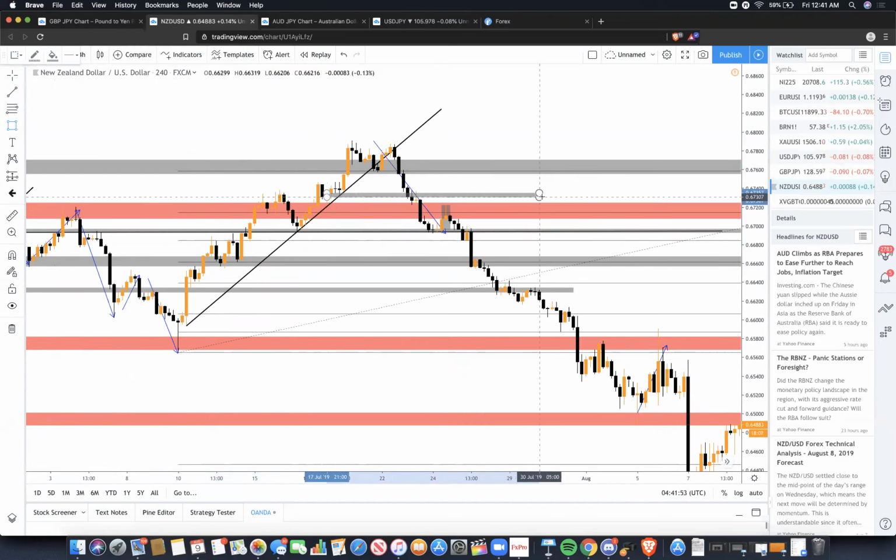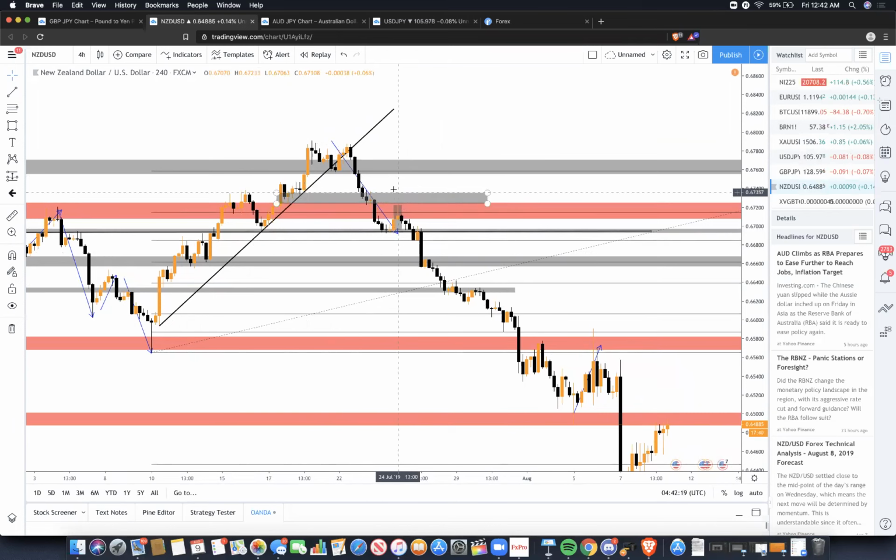I'm going to identify that area. Where did the market retest when it broke below? The market broke below, came back, retested my zone, and dropped. You see how you can use confluence with your zones and fib levels and market structure to identify the best possible trade?